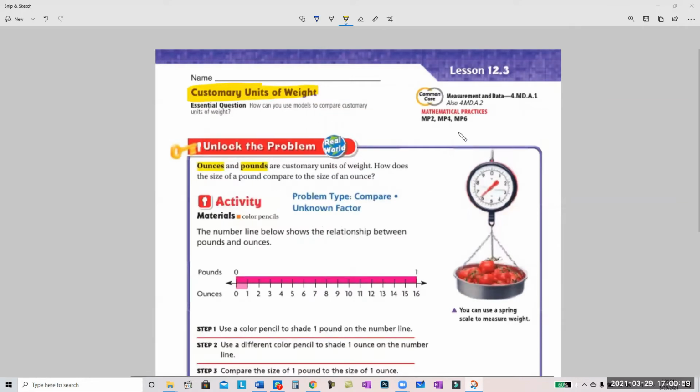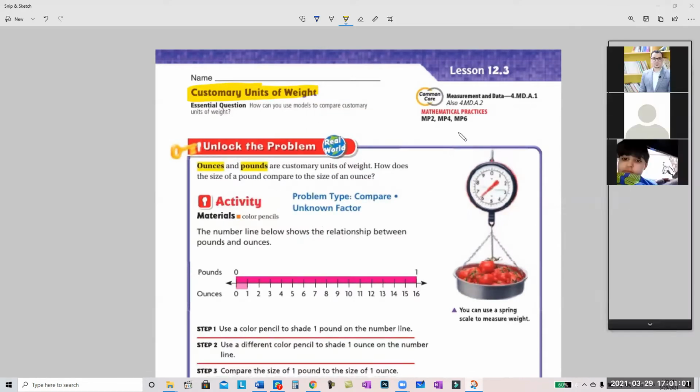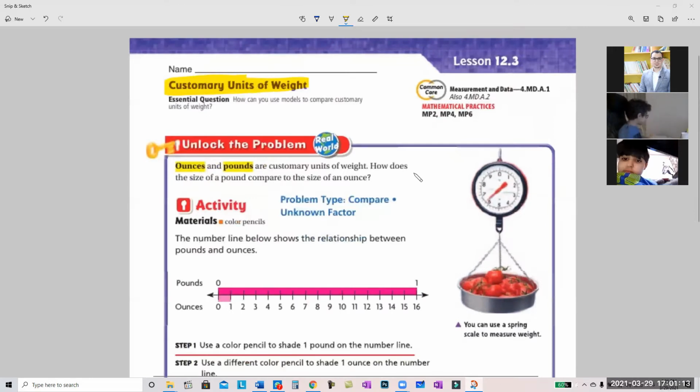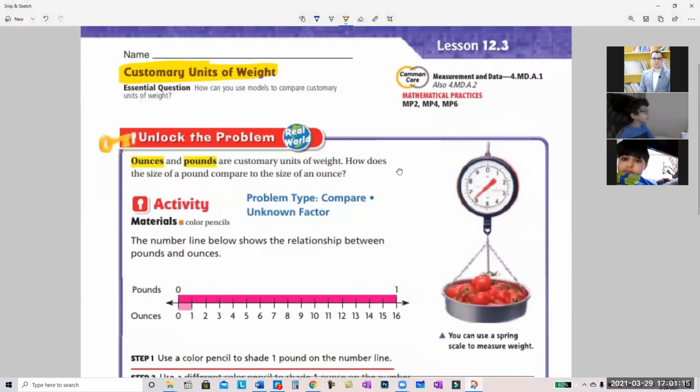As I said before, today's lesson is about customary units of weight. We learned before in the previous lesson about customary units of length. So let's read the first problem with us today. Ounces and pounds are customary units of weight.